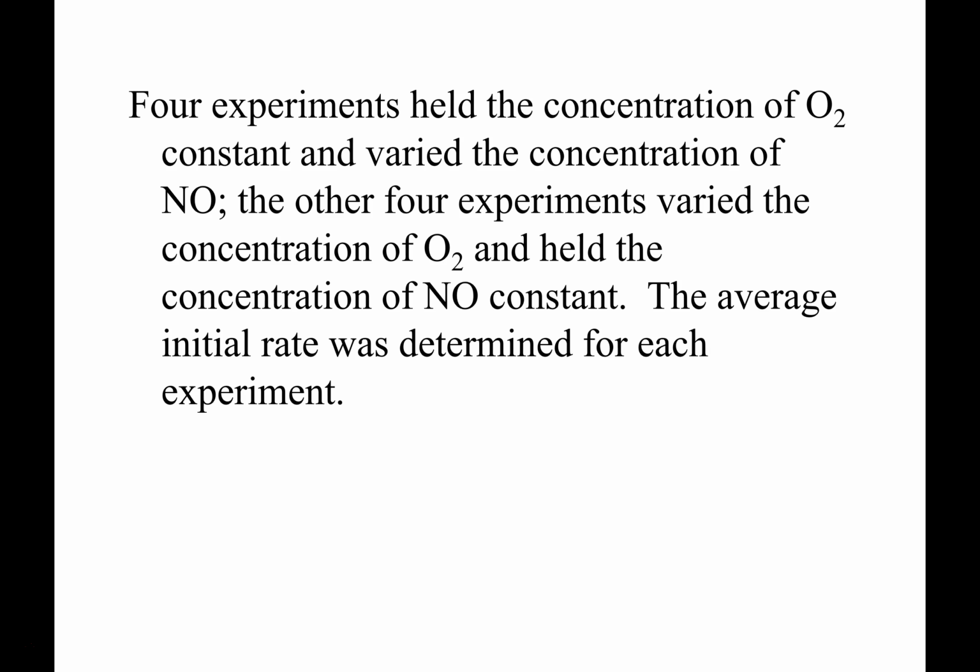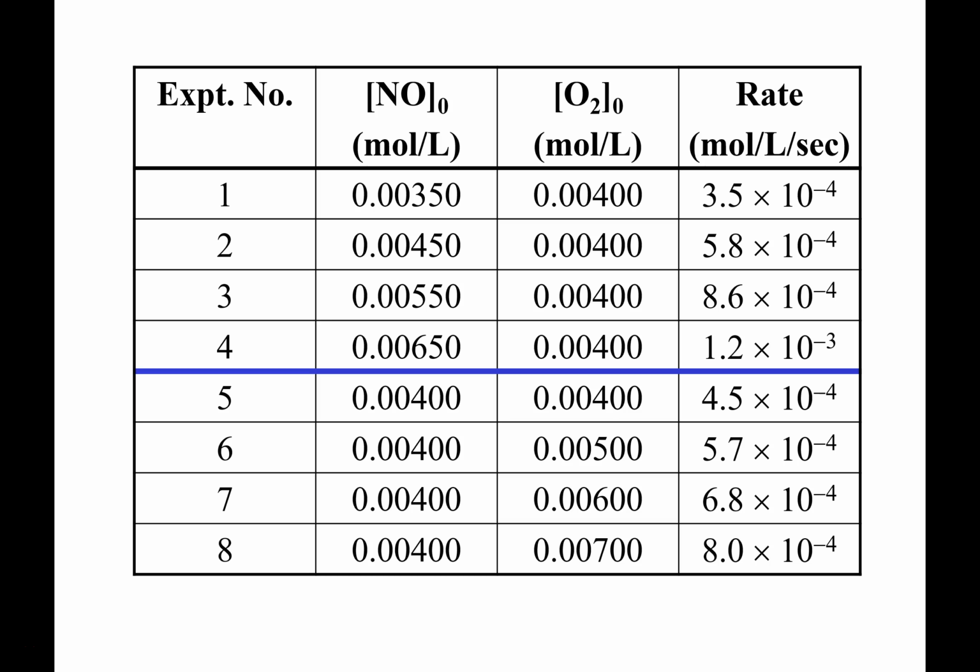The first 4, like I said, we're going to hold O2 constant, vary NO, and varying NO, we're going to be able to get to the reaction order of NO. So here we go. Looks like a busy slide, but you can see where these are held constant, these are held constant. 8 different trials.